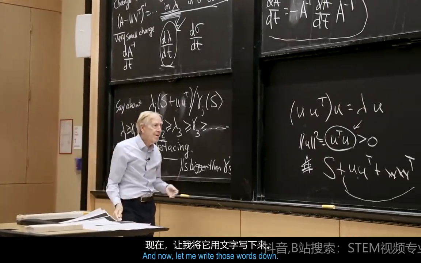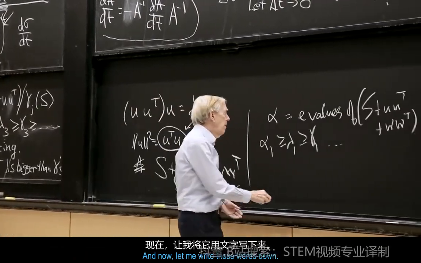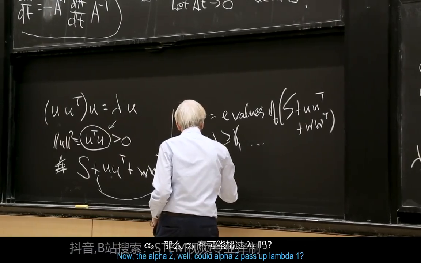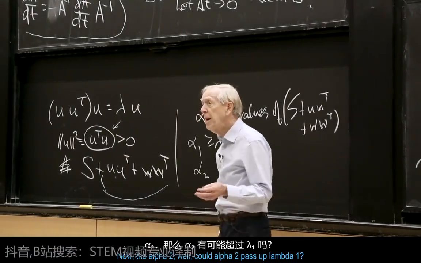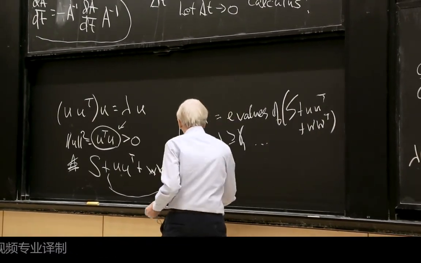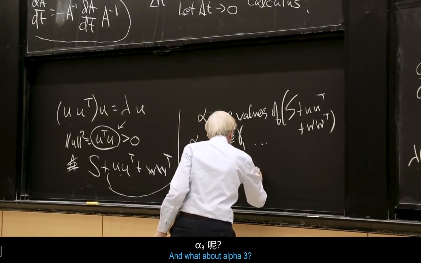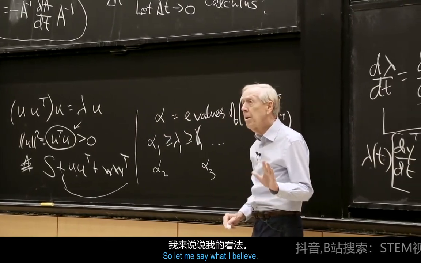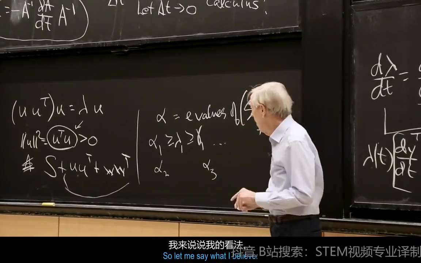And now, let me write those words down. Now the alpha 2, well, could alpha 2 pass up lambda 1? And what about alpha 3? So let me say what I believe.